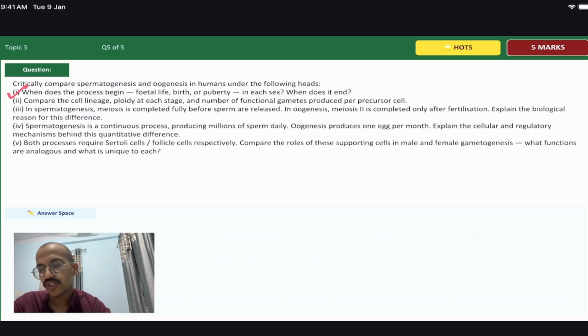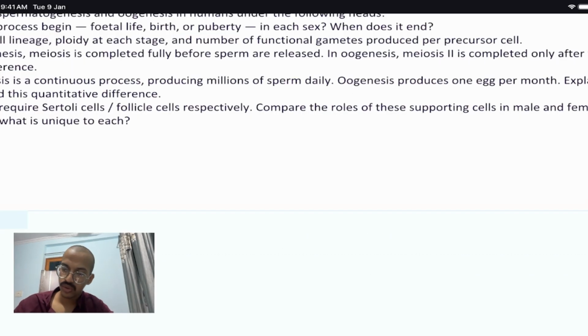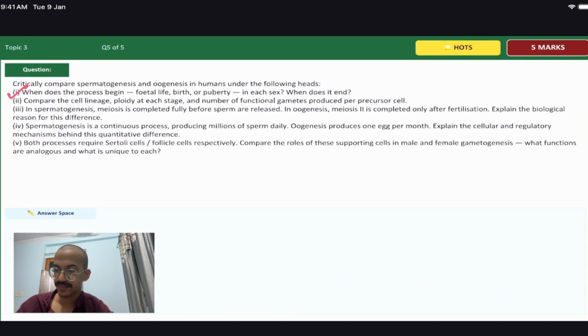Compare the cell lineage, ploidy at each stage, and the number of functional gametes produced per precursor cell. This is just the diagrammatic representation given in your NCERT. One diagram is given where both things are highlighted, so that thing is mentioned here.